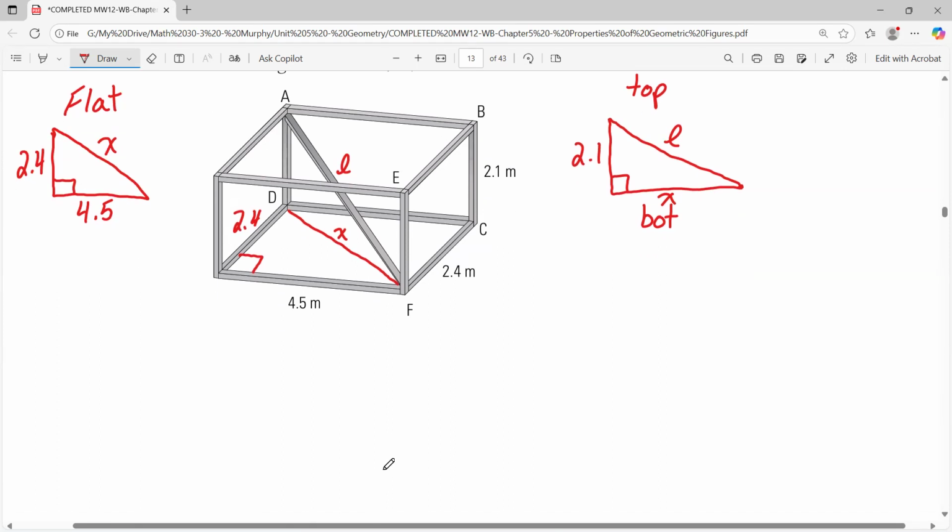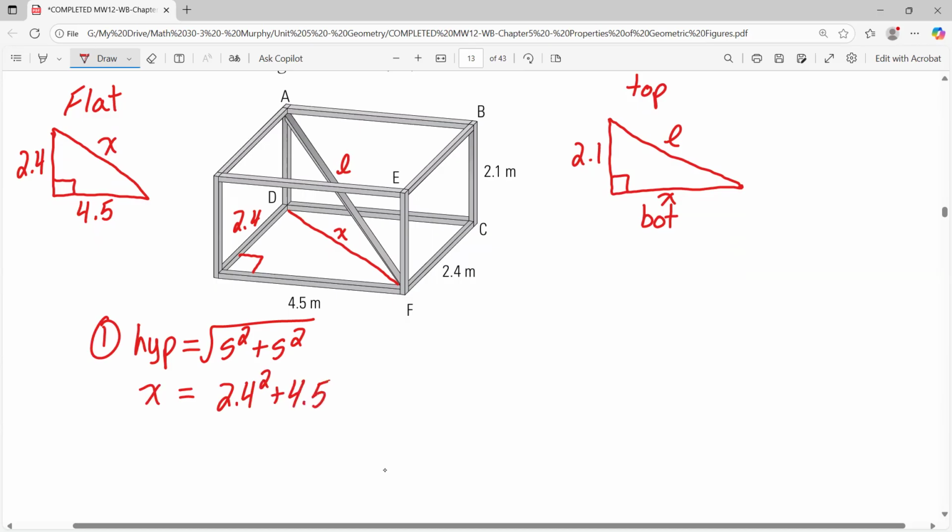Okay. So number 1, hypotenuse equals one of the sides squared plus one of the sides squared, square rooted. And then I'll just replace hypotenuse with X. So 2.4 squared plus 4.5 squared and square root.